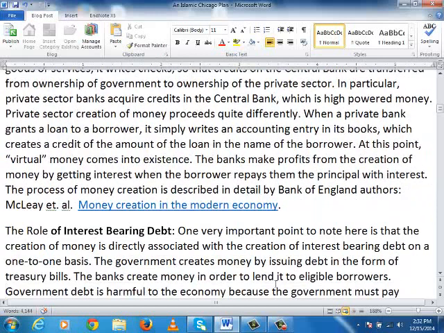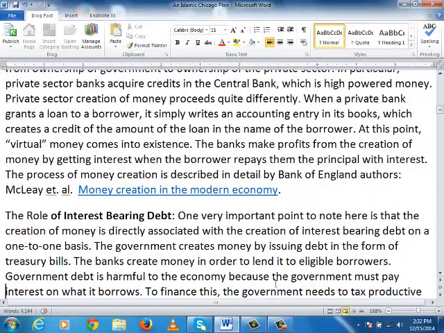They say that the money comes into existence when I write that I have given a loan of 1 crore to X. So when I do that and I create an entry, then I have in effect created 1 crore of virtual money. There is no cash behind it, it's virtual money.